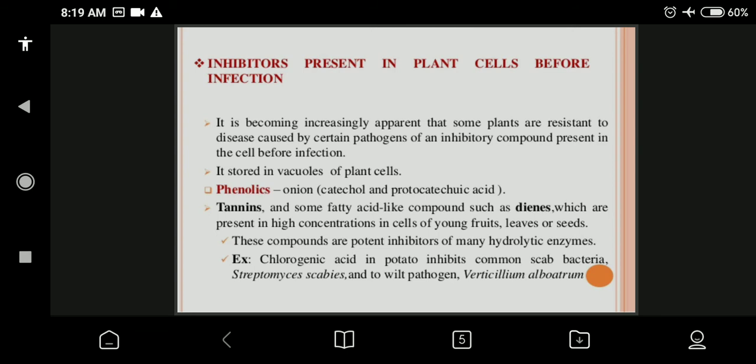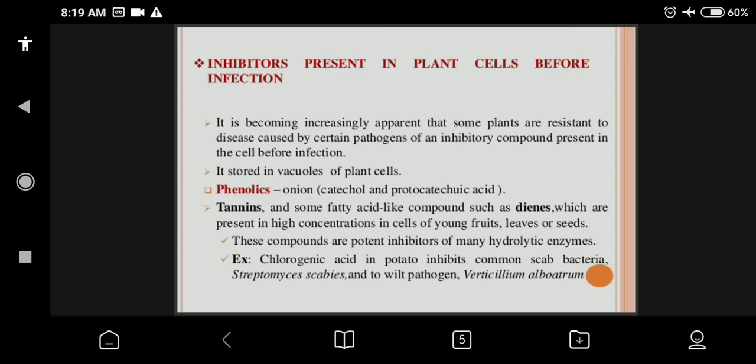Tannins are fatty acid like compounds such as dienes, which are present in high concentration in the cells of young fruits, leaves or seeds. These tannins contain dienes and other substances which prevent the entry of the pathogen inside the host. These compounds are potent inhibitors of many hydrolytic enzymes.